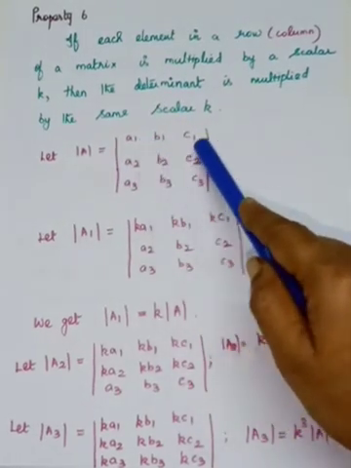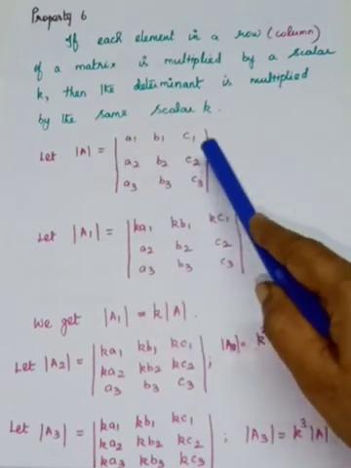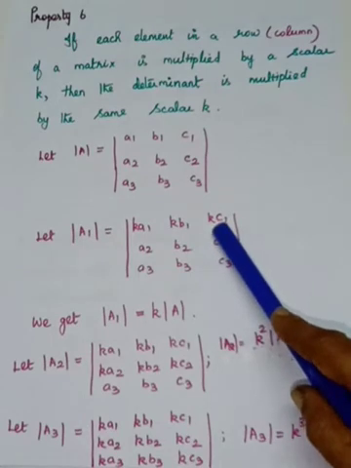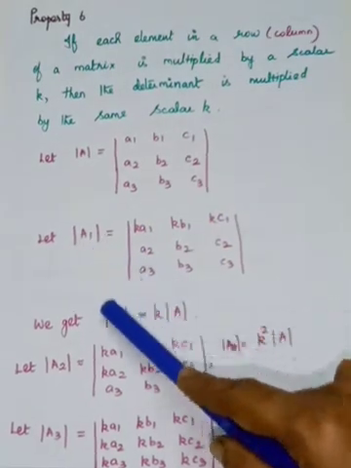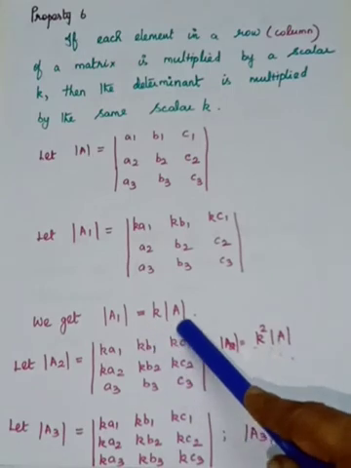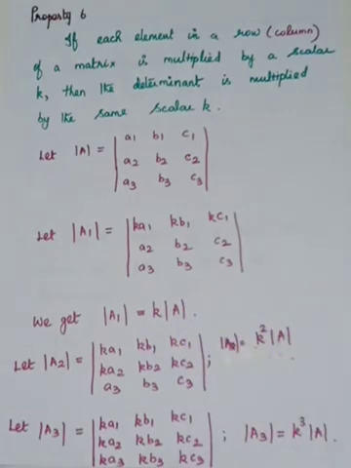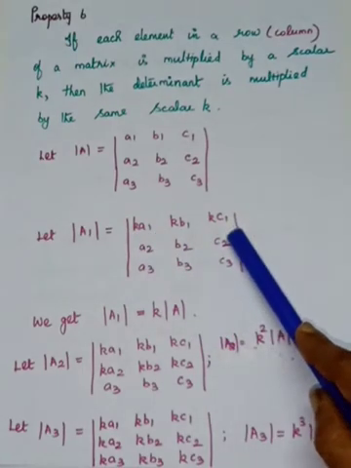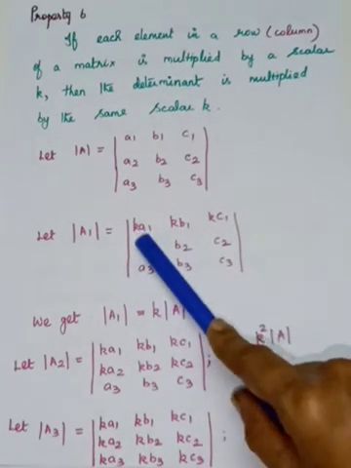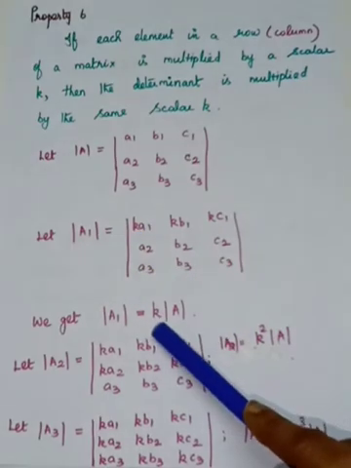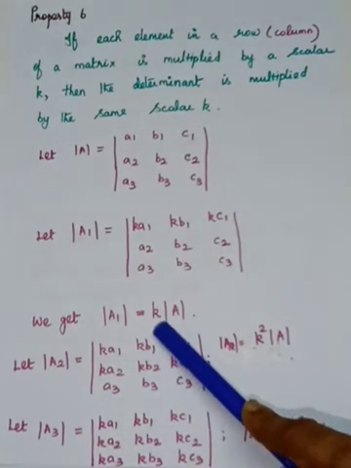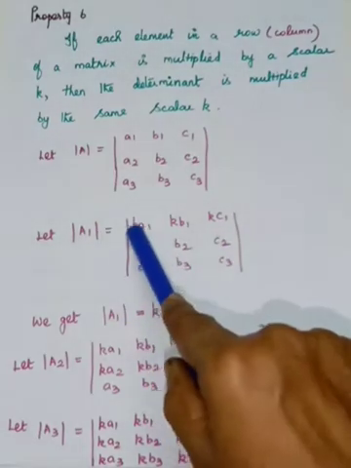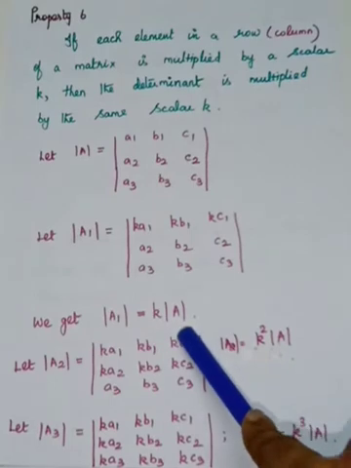Each and every element of the first row is multiplied by the scalar k, meaning the value of the determinant A1 can be written as k into determinant A. See, if one row is multiplied by the scalar k, the determinant value is also multiplied by the same scalar k. So we can take this k out from the first row and you can find the value of the determinant.